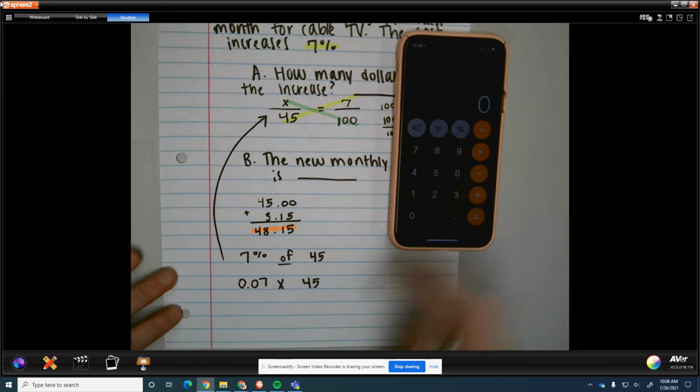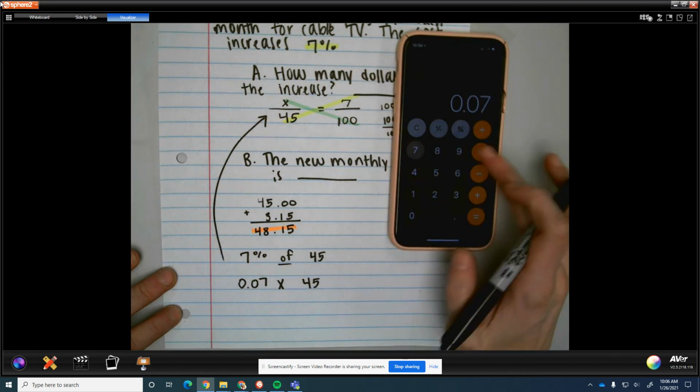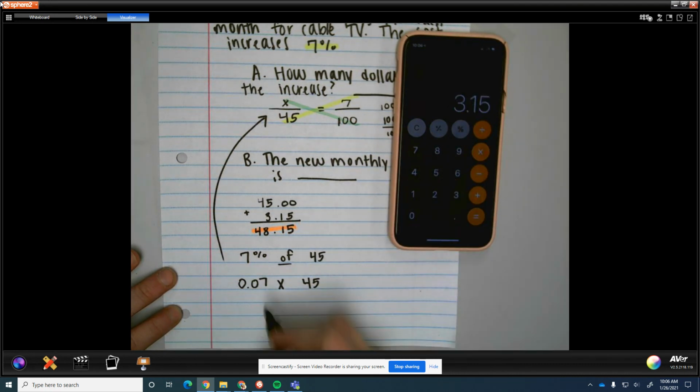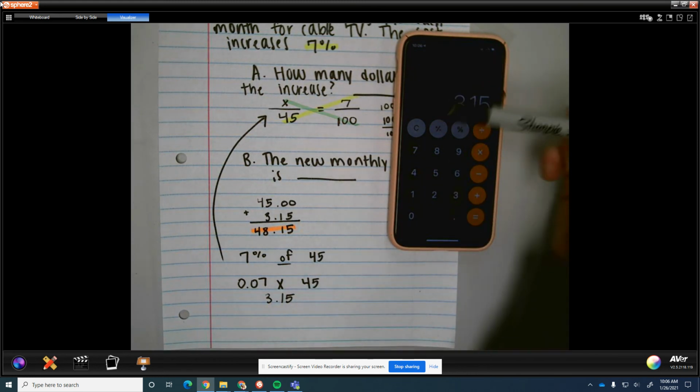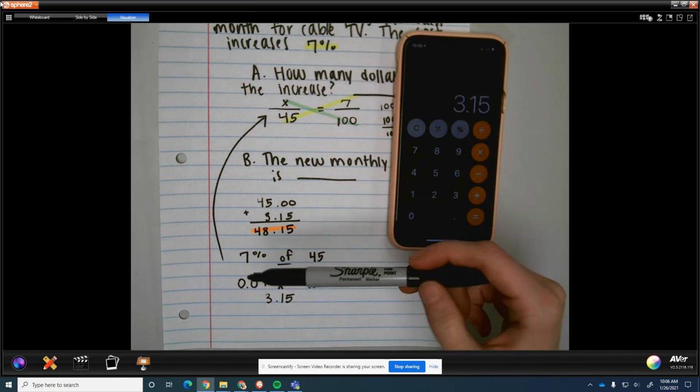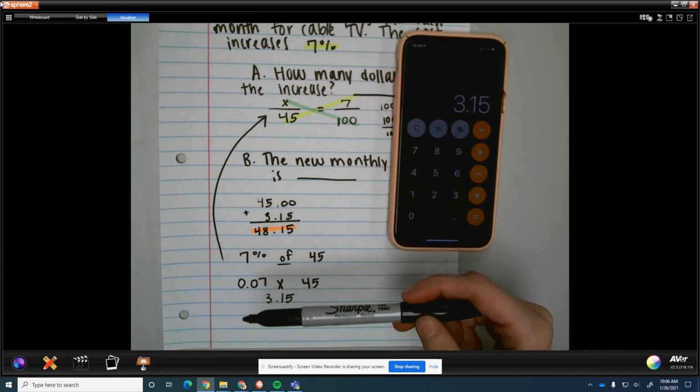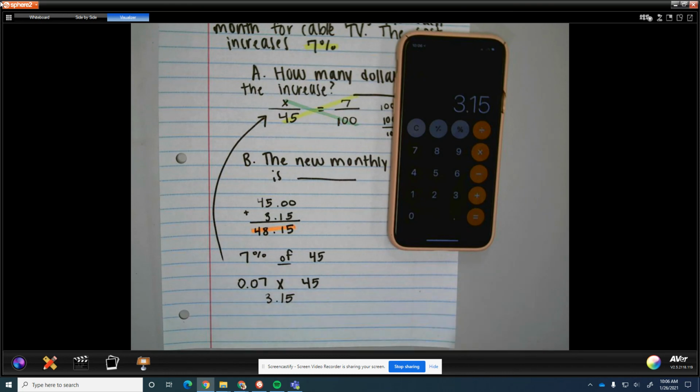And if I were to do this in my calculator, I would also get $3.15. So those are two different ways to do it. I really want you to be able to do the is over of, but I also want you to be able to use what you've learned about multiplying when we see the word of, and that's another way to solve it. There you go.